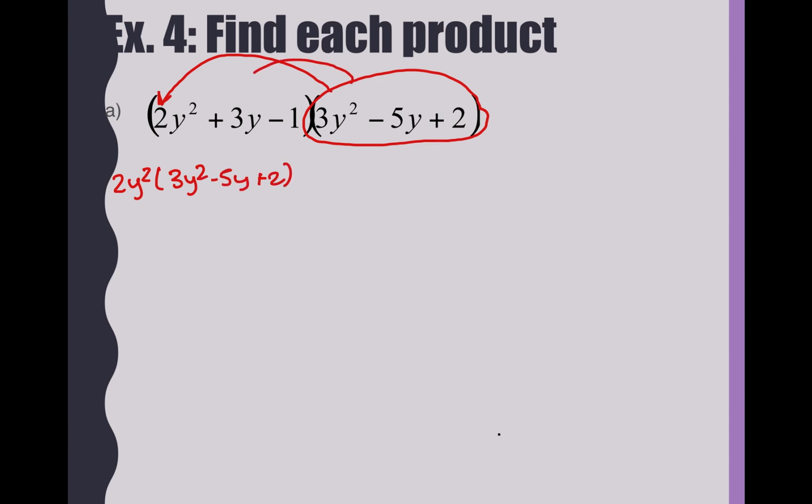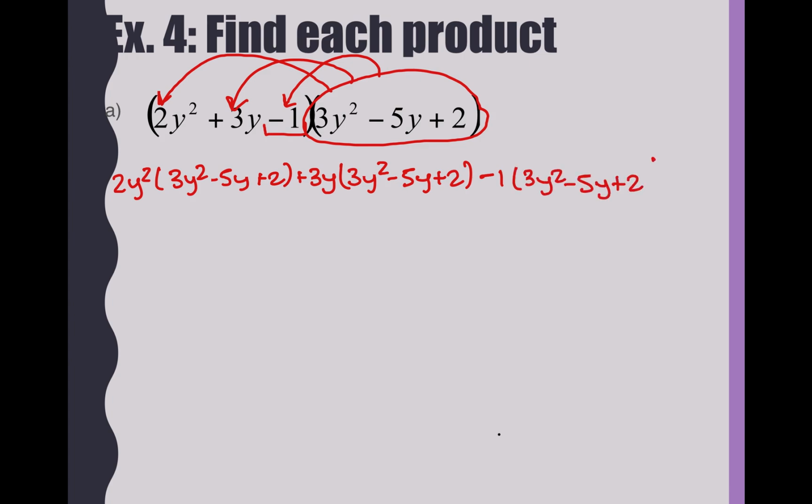Then I'm going to distribute it to my second term, plus 3y times 3y squared minus 5y plus 2. And then lastly to that third term in that polynomial. And remember, this is a negative 1. Minus 1 times 3y squared minus 5y plus 2.